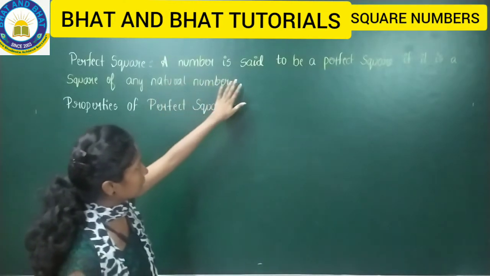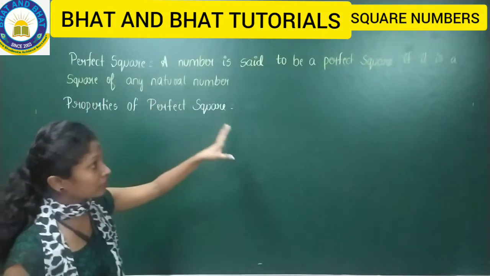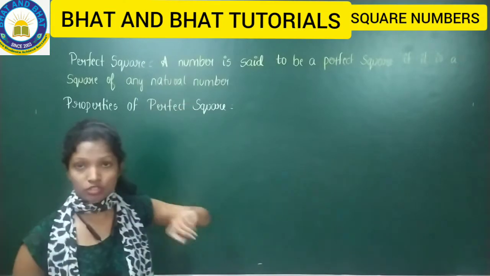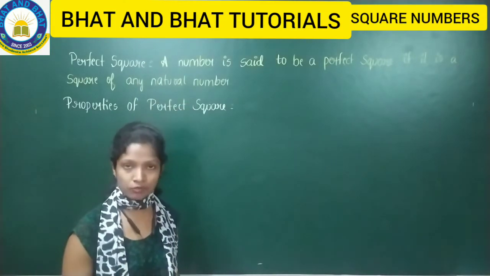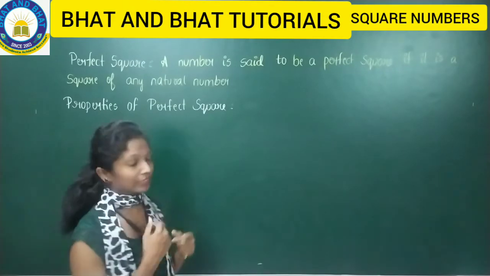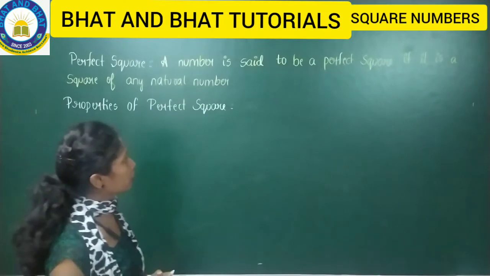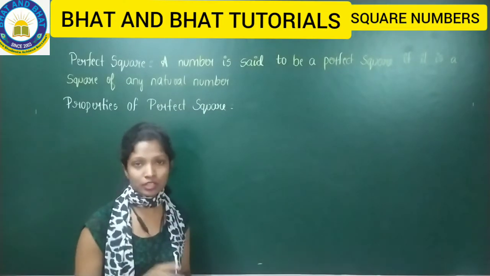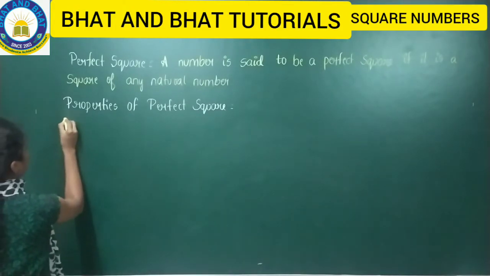Perfect square is nothing but a number where you get the square of any natural number. So for any natural number, if you are getting the square, then we call that number a perfect square. Then what are the properties of perfect square? That means what rules are included in knowing this perfect square. We'll know one by one.